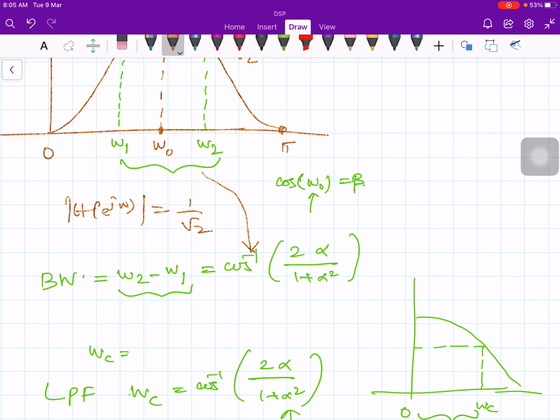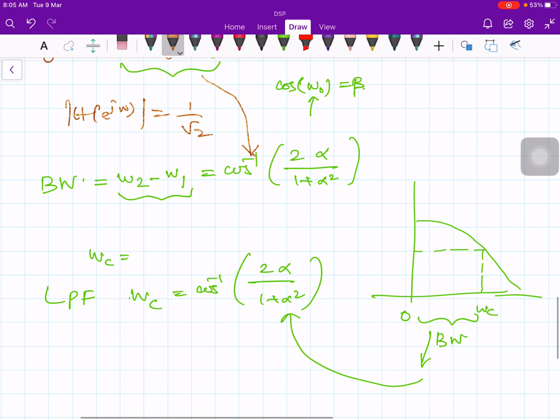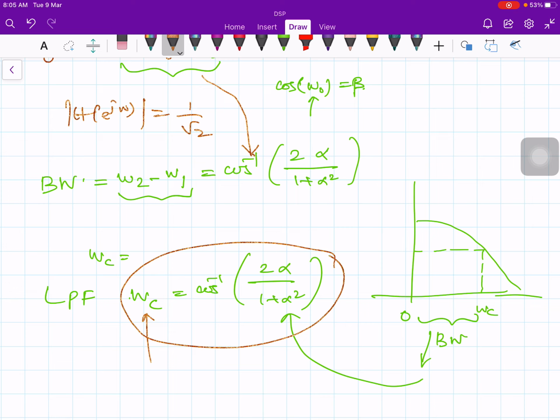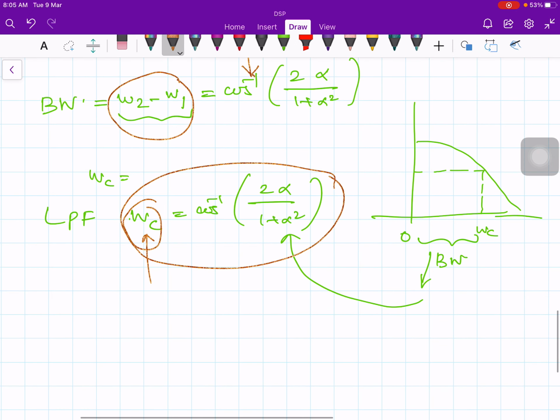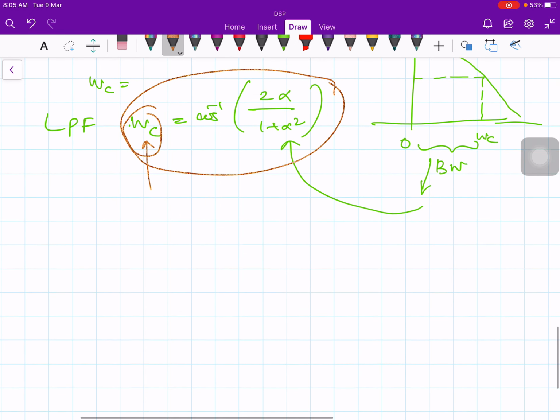Whether it is a band pass filter, a low pass filter or a high pass filter, the bandwidth is given by the same formula. But in the low pass filter it is going to be omega c. In the band pass filter it is going to be omega 2 minus omega 1. For the high pass filter, what is the bandwidth?